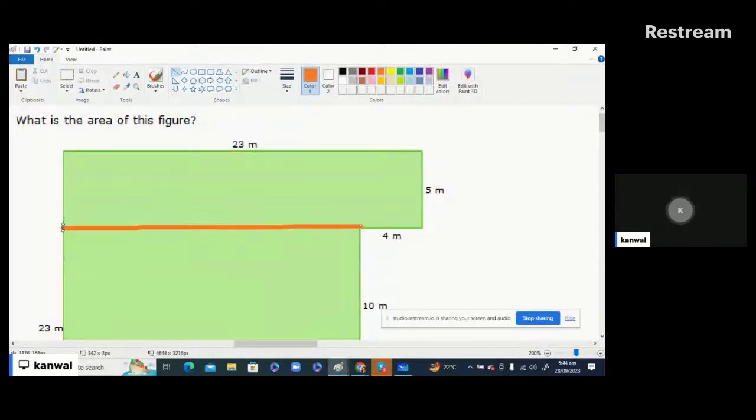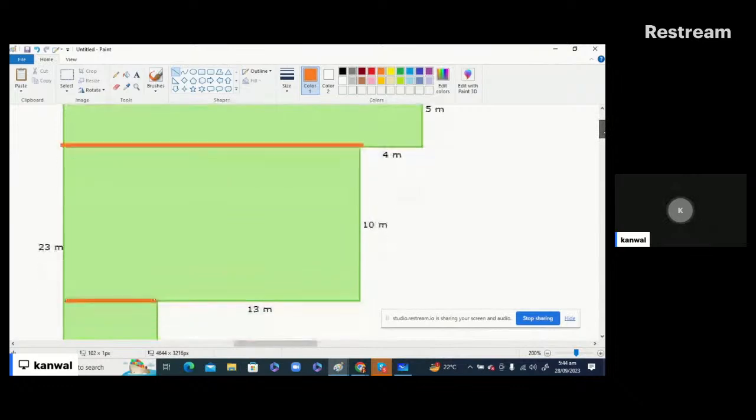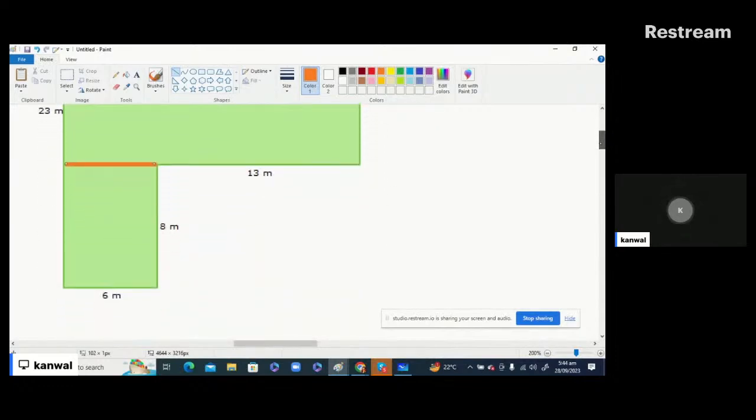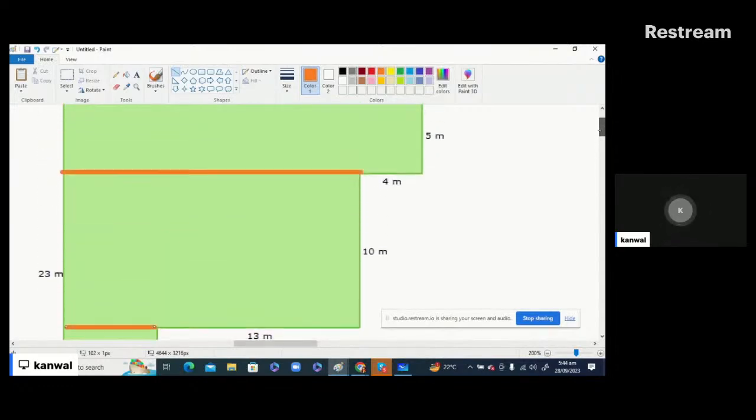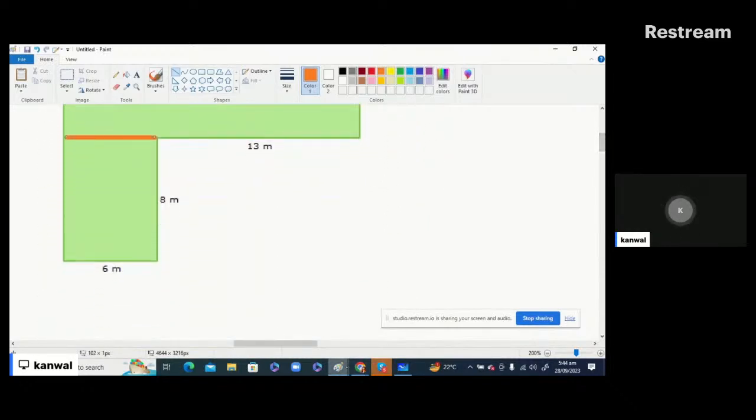The first becomes a rectangle, second is also a rectangle, and third one is also a rectangle. Just simply multiply length into width, length into width, and then in the end you add up all together.